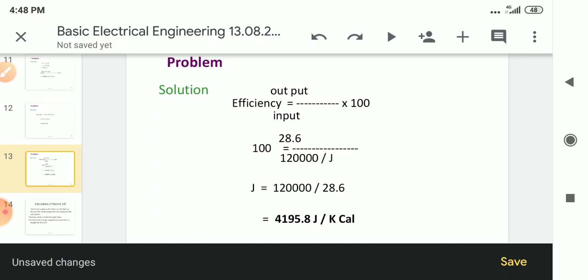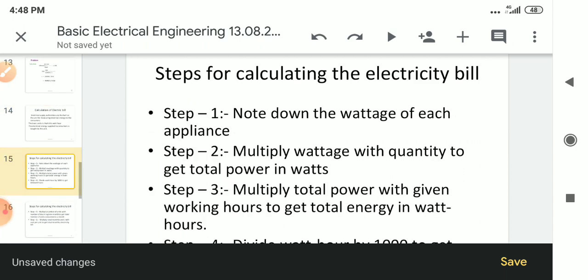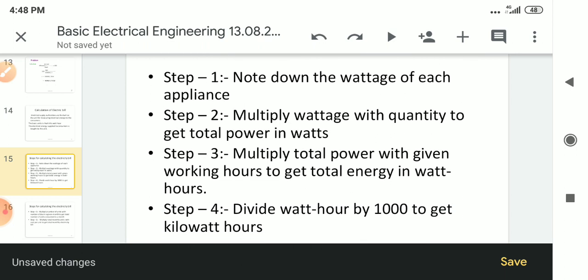The next concept we learned is the calculation of electricity bill. These are the steps followed for calculation of electricity bill.